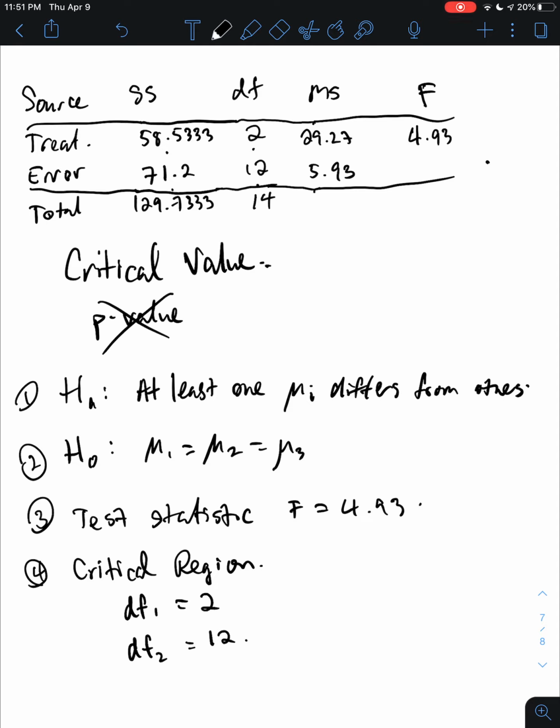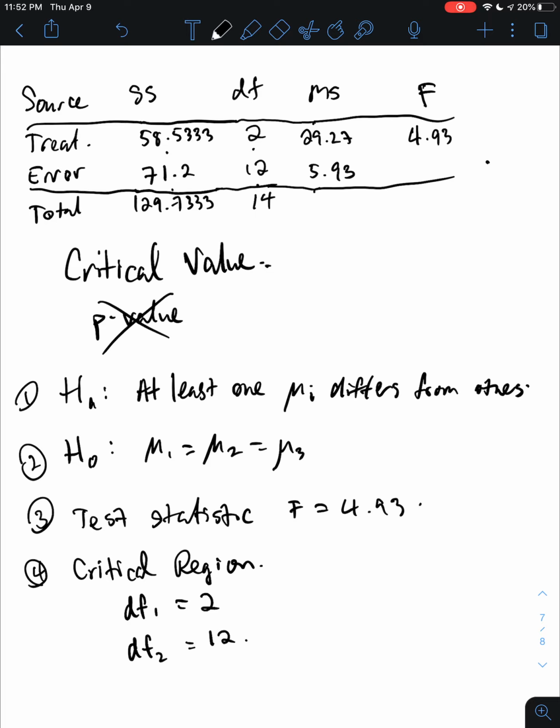Okay, now let's pull out our F table. I'm just going to use the one in the textbook. This would be Appendix 1, table 6, I believe.